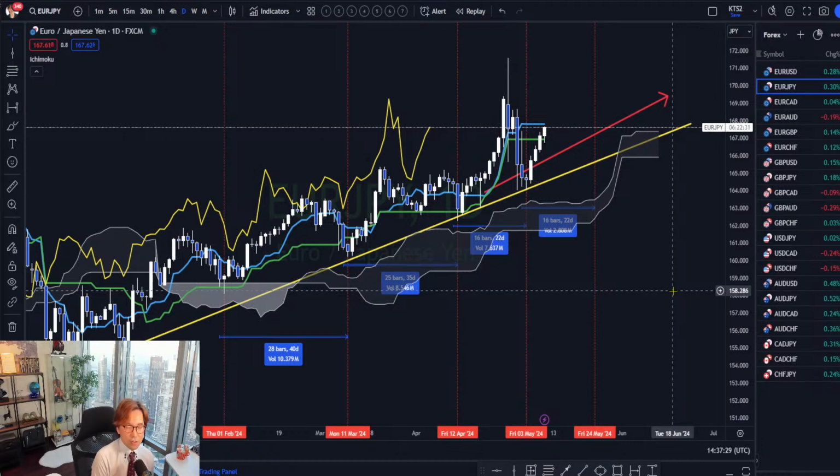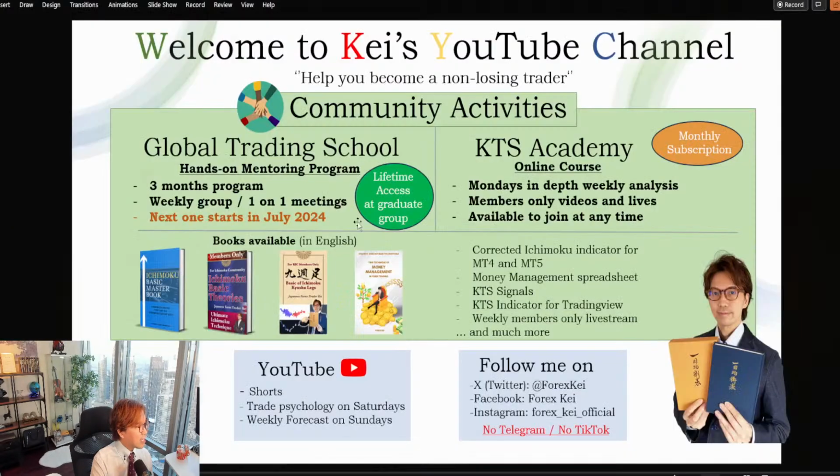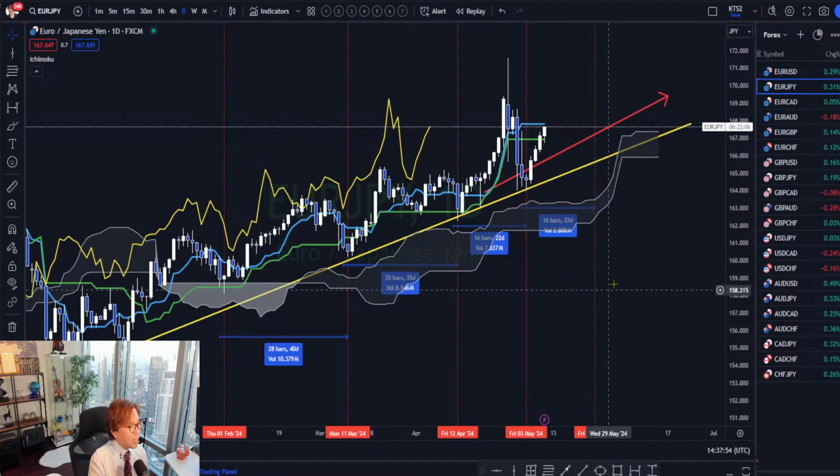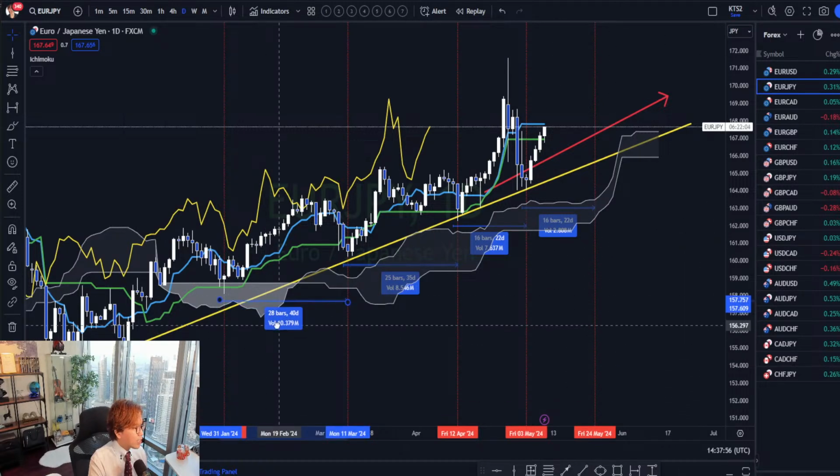Or you can use Kakugi and Jugi and other time cycle strategies. And those advanced time cycles are introduced in this KTS Academy. I have the videos and books available in English that I wrote. So if you want to learn more details, you're always welcome to join the KTS Academy. But yeah, this is how you can use time cycles.